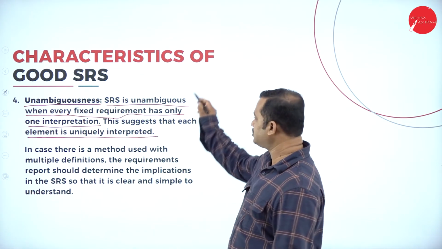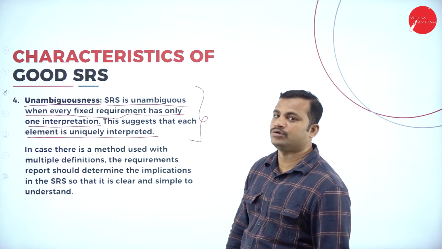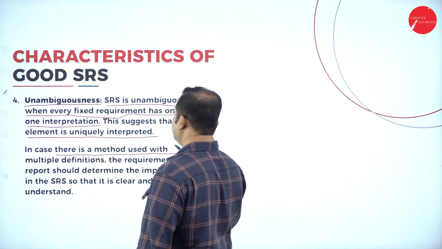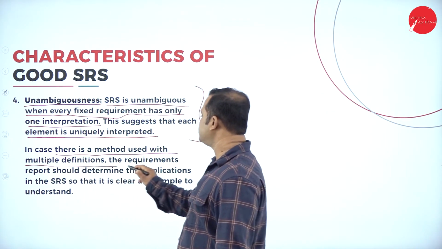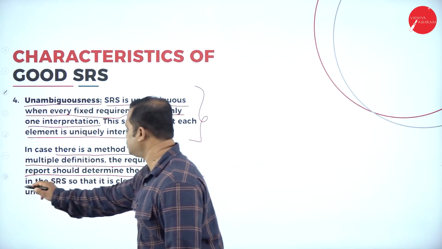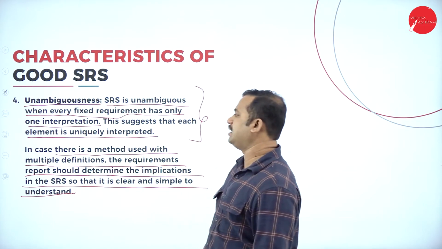This defines the unambiguousness property, a characteristic of a good SRS document. In this case, there is a method used with multiple definitions. The requirements report should determine the implications in the SRS so that it is clear and simple to understand.